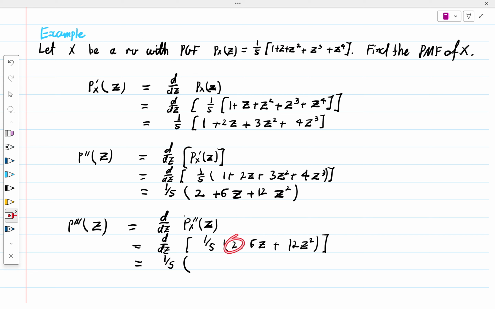The derivative of 2 is simply 0. The derivative of 6z gives you 6. And then for the derivative of 12z squared, the 2 comes down the front to give you 2 times 12, or 24, and the z squared collapses to simply z, one off the power.